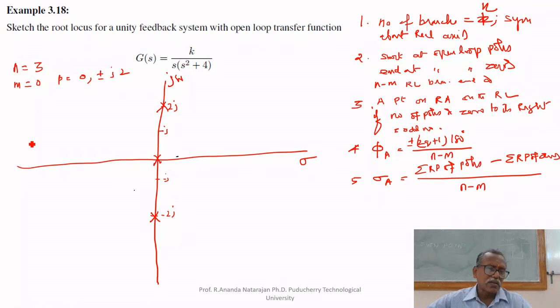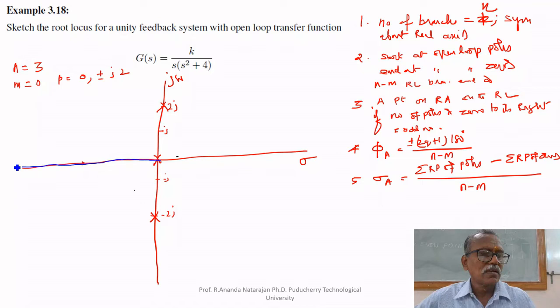Suppose I am taking a test point here. To its right, how many poles and zeros? Odd number, only 1. Consider only the real axis. Therefore, the entire negative real axis is part of the root locus, up to infinity.